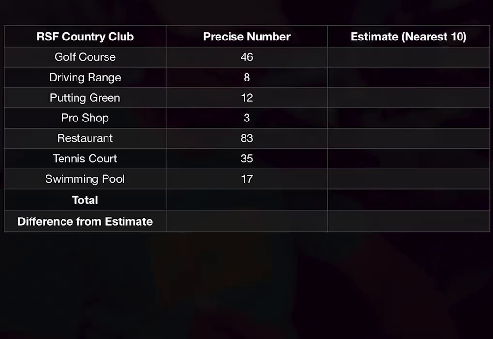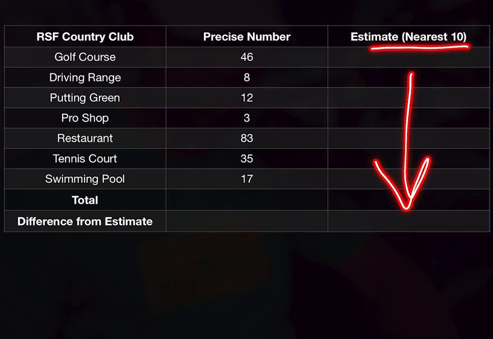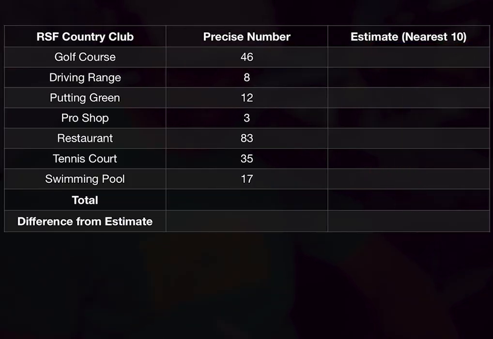This table shows us the number of people that are presently on the Rancho Santa Fe Country Club. There are two columns, one giving us the precise number of people, and the second one that is blank is the estimation to the nearest 10. The objective here is to find the total of each one.